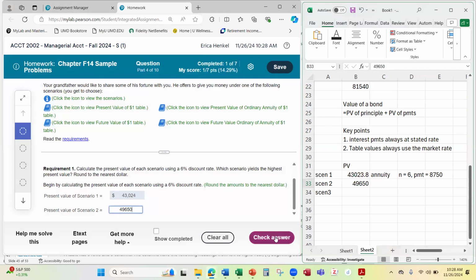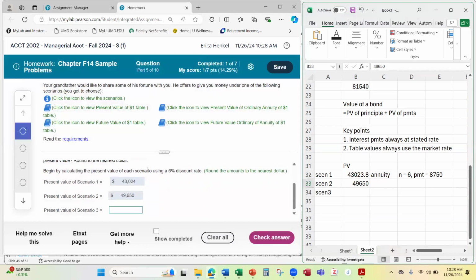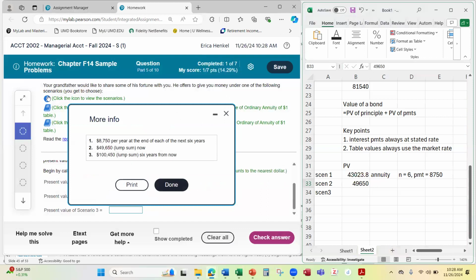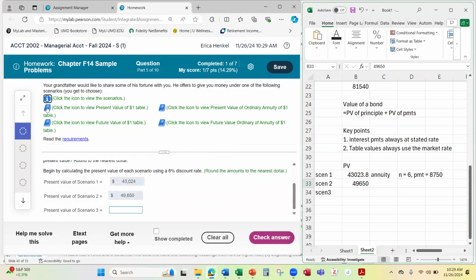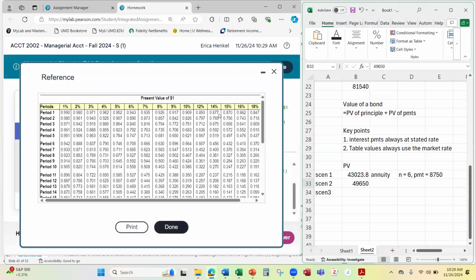Now, present value of scenario 2, 49,650. We already calculated that. And then the third scenario is $100,450 6 years from now. So this 100,450 in 6 years is a future value, and we want to discount it back to today. Since this is just one amount, we'll use the present value table here. So we're going to again look at the 6% discounted down to 6 years where those intersect.